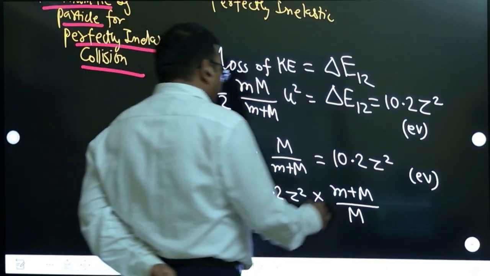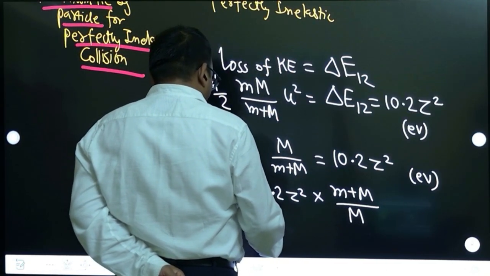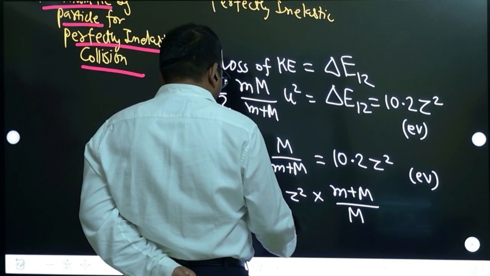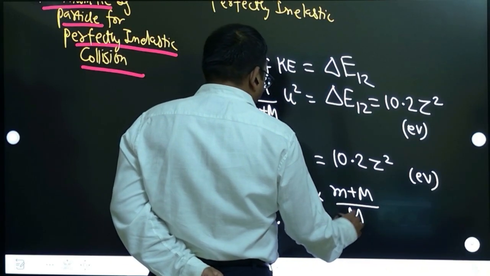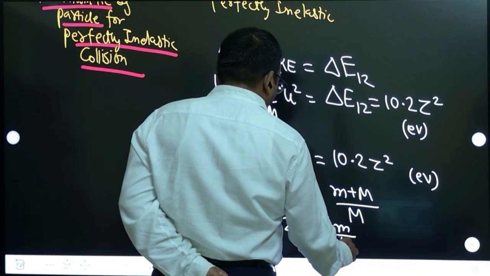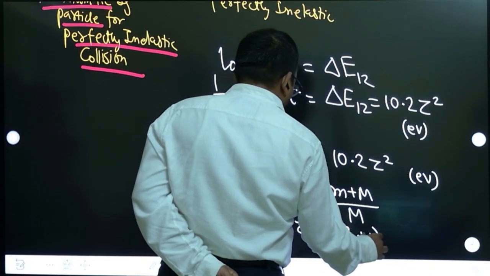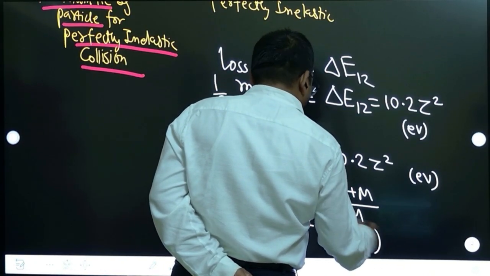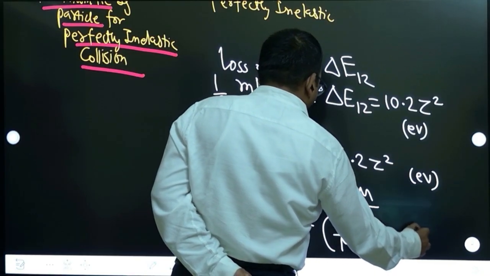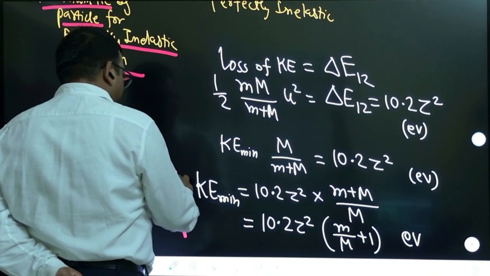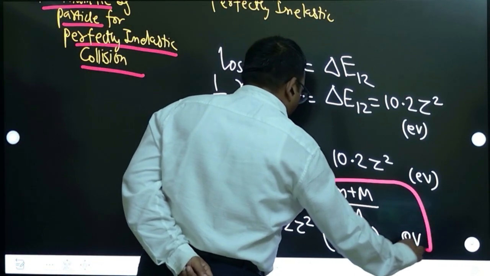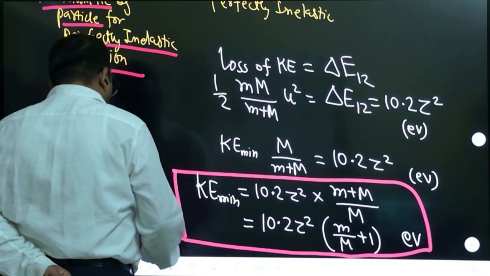This is what we need to remember, and you can also remember it as 10.2 Z square times m by capital M plus 1, with Z square already multiplied, so this is in electron volt. This formula is a very important formula. In NEET, we will solve problems in one step.